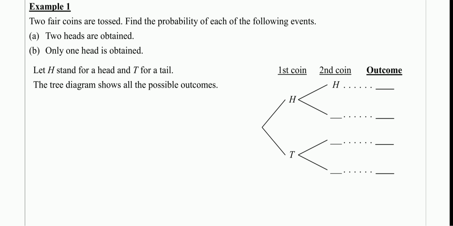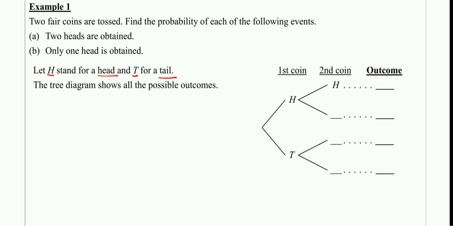First of all, you want to find all the situations about tossing 2 fair coins and find the probability that 2 heads are obtained. Here H stands for head and T stands for tail.